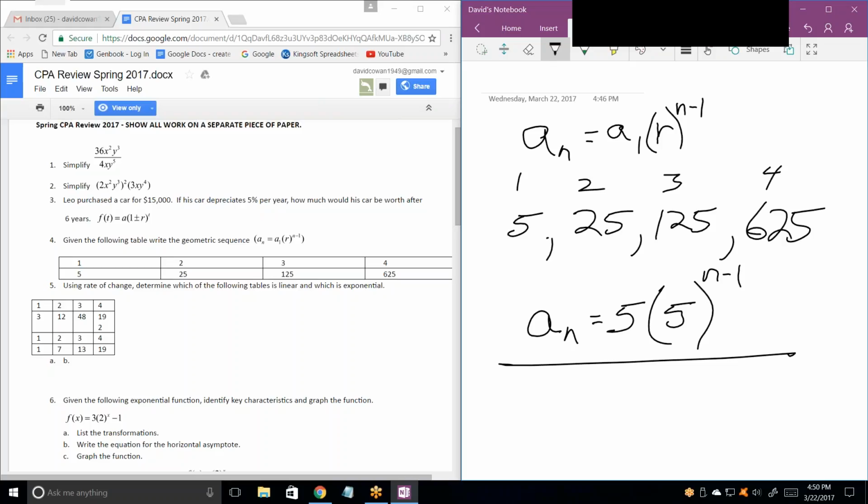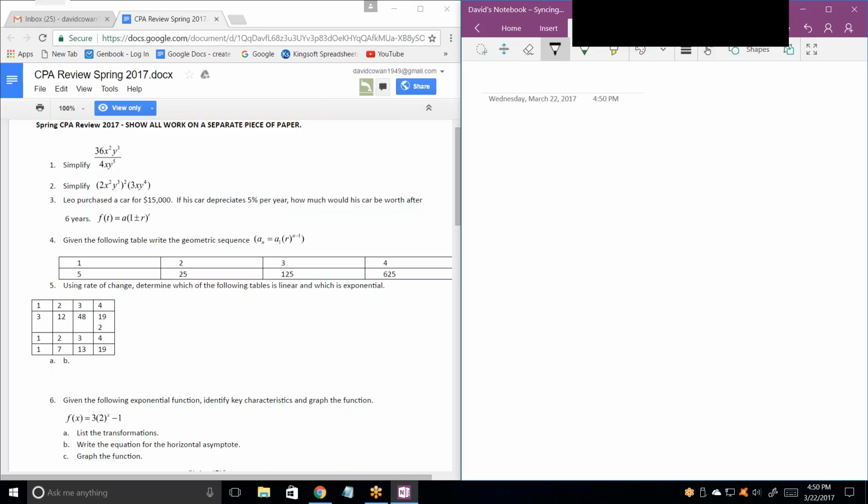All right, let's look at the next one. Which is linear and which is exponential? I'm not sure what the A and the B are at the bottom. There are 3 rows here that they're talking about.